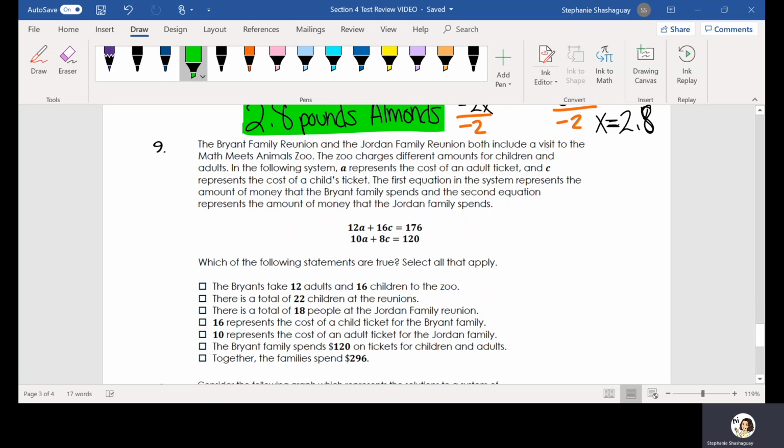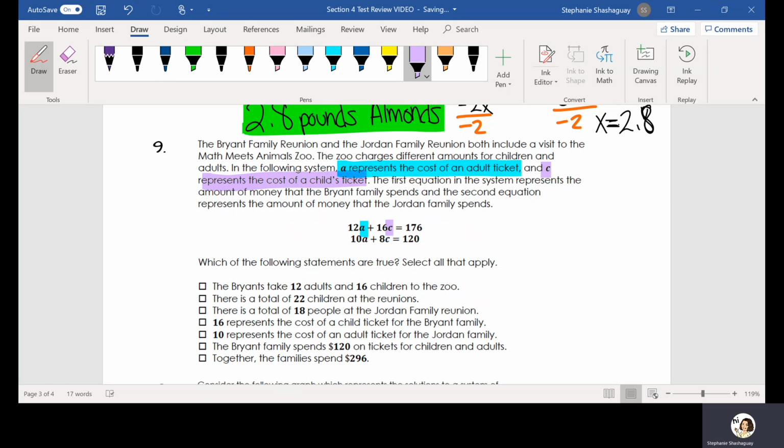The Bryant family reunion and the Jordan family reunion both include a visit to the Math Meets Animal Zoo. The zoo charges different amounts for children and adults. In the following system, A represents the cost of an adult ticket, and C represents the cost of a child's ticket. Okay.